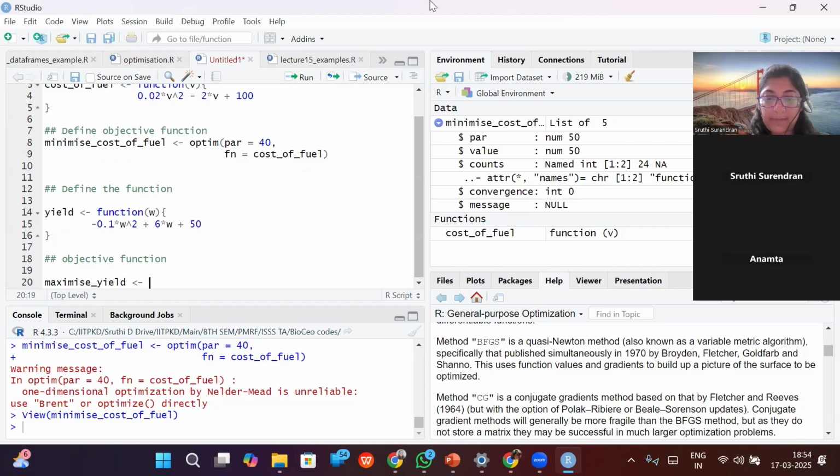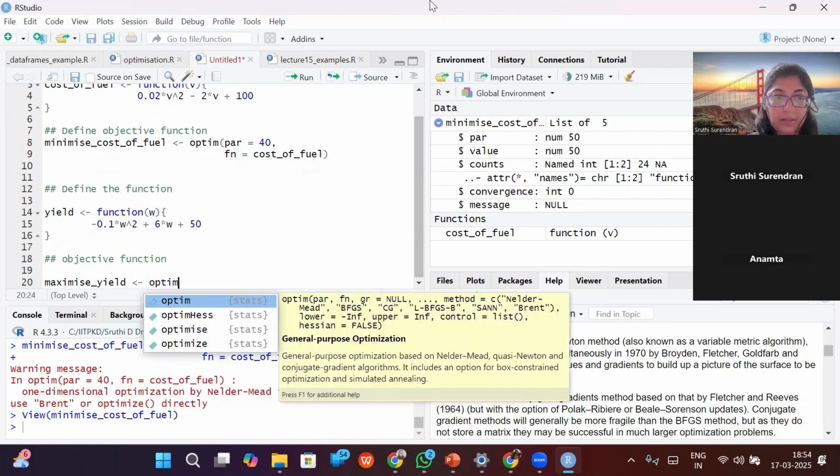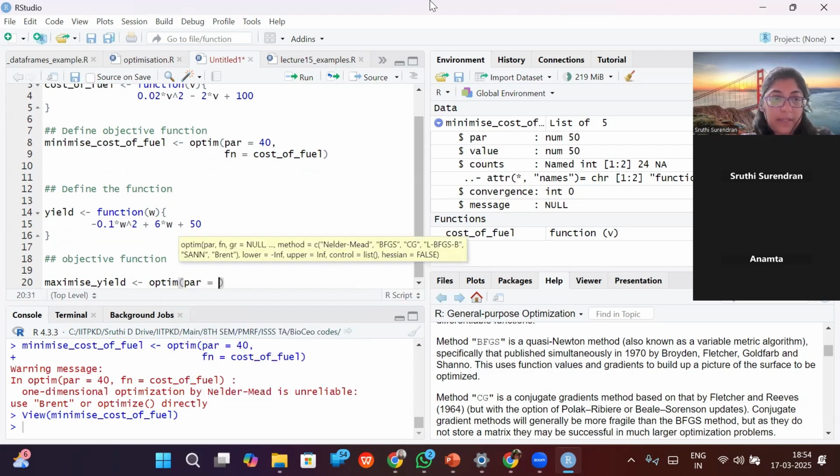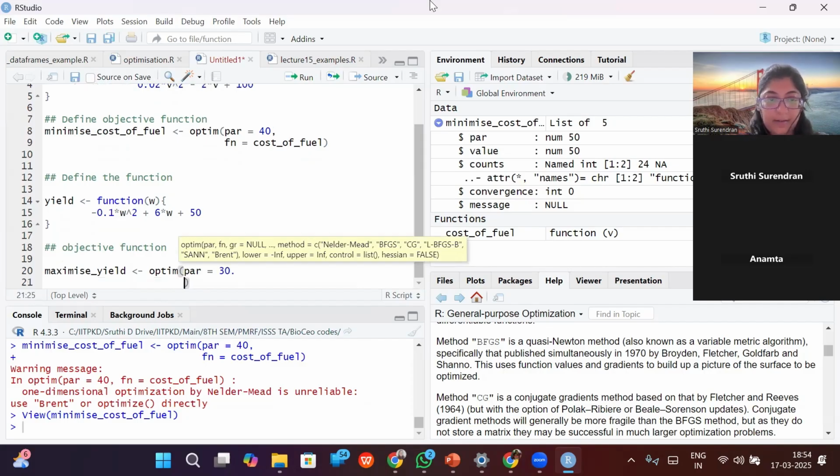Then using the optim function, the initial value of the parameter is going to be, say, 30. Then the function that is going to be optimized is yield.